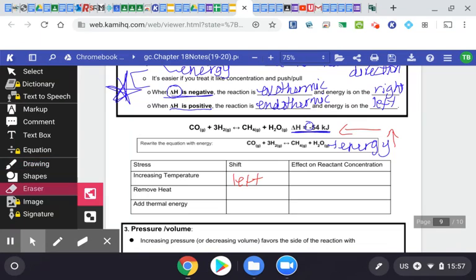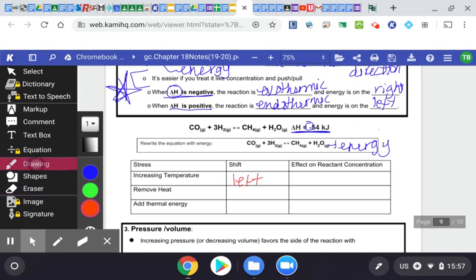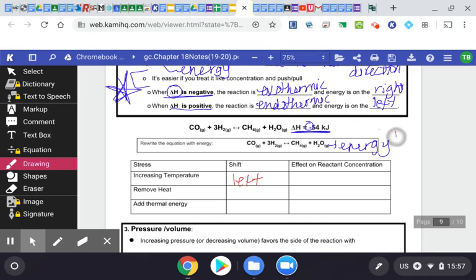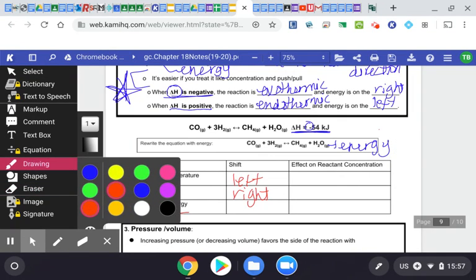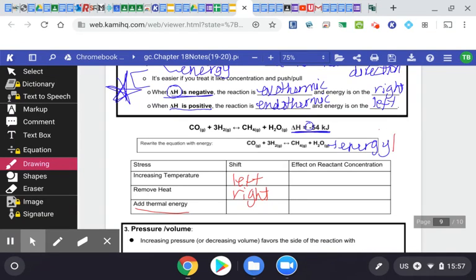Now, if we remove something, that's always going to pull it to the same side of the reaction. So if I remove energy, it's going to pull it to the same side. It's going to pull it to the right side of the reaction. And again, if I add thermal energy, if I add something, it's going to push the reaction to the opposite side. So adding thermal energy is the same as adding energy. The reaction is going to push to the opposite side, which is the left-hand side.